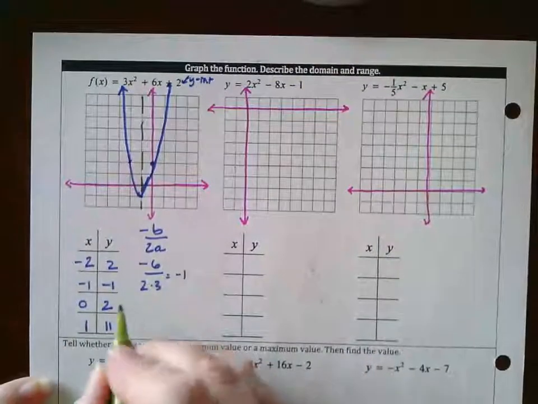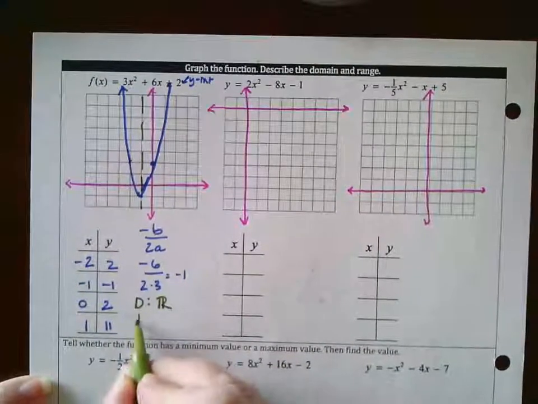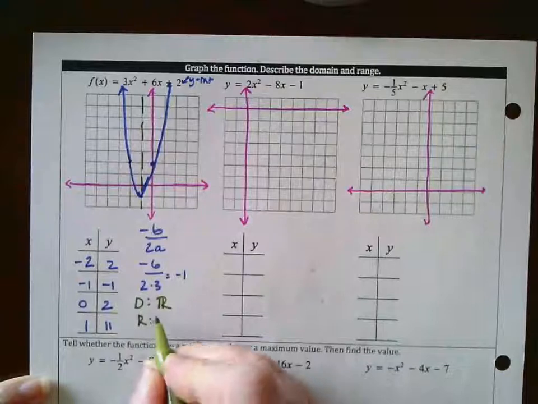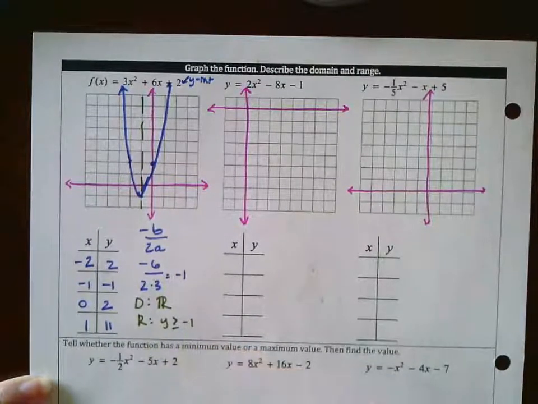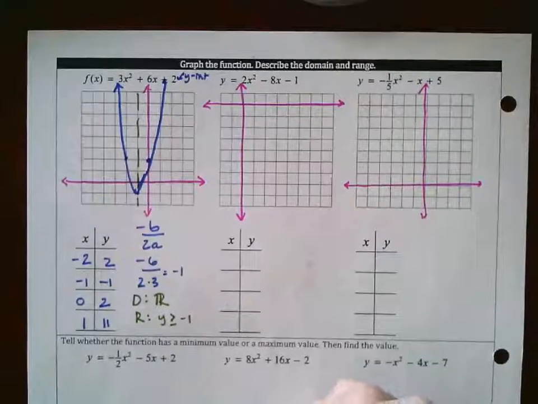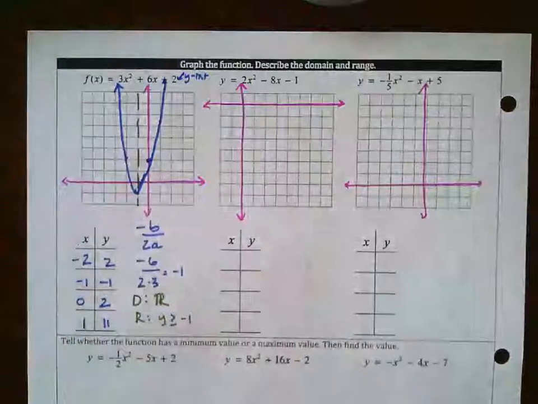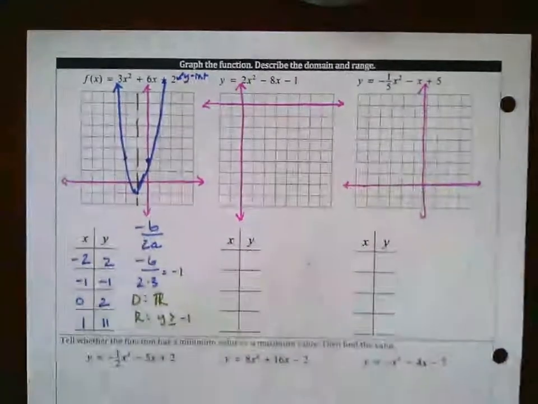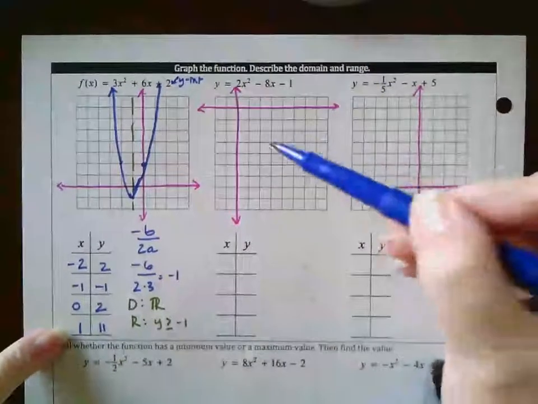Your domain on this is all real numbers. And your range is all the values greater than or equal to negative 1. Your y values have to be bigger than that number at that point. Okay, try it again. Again, this is going to be a positive graph.